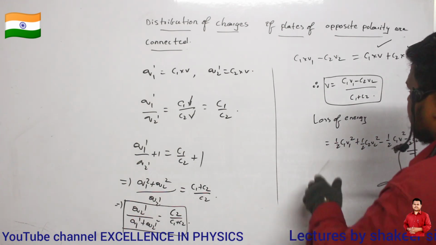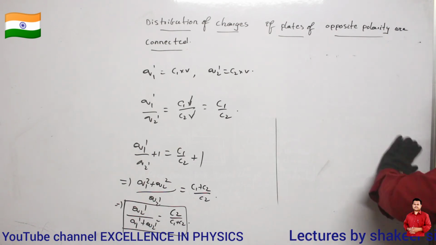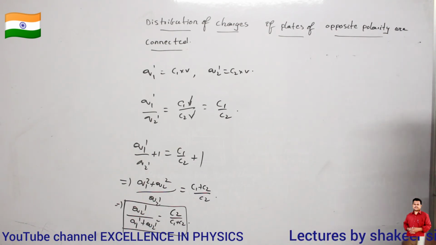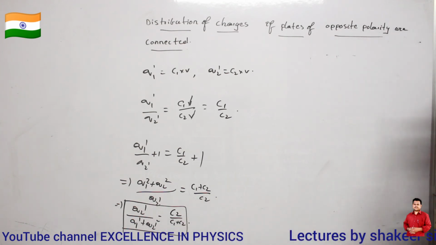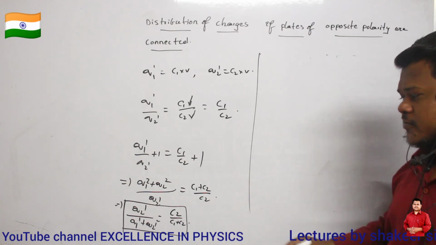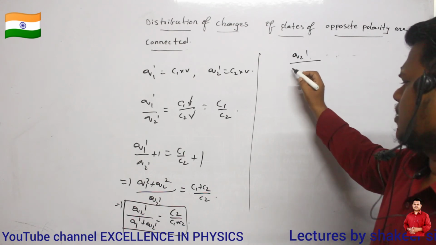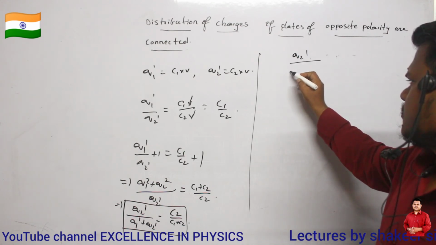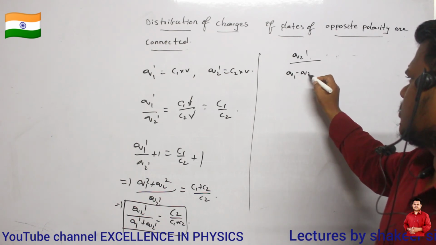Now, what is meant by Q1 dash plus Q2 dash? Is it the total initial charge or the final charge? Final charge. Don't be confused there. So Q2 dash divided by the final charge. The final charge can be written in terms of initial charge as Q1 minus Q2 also.